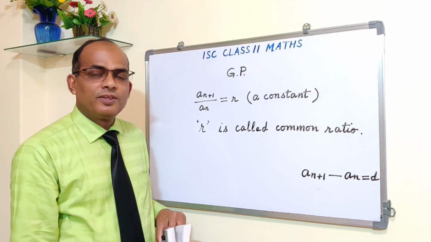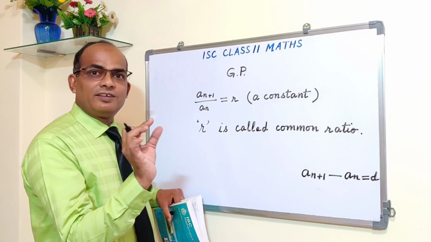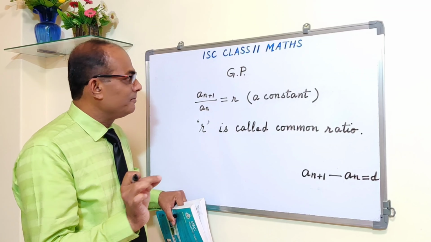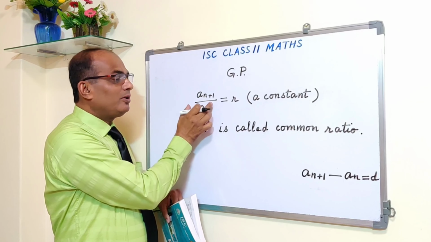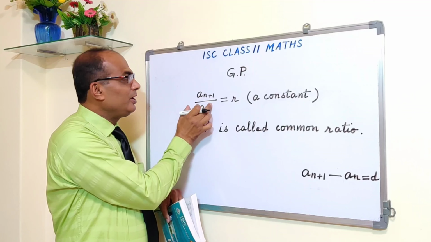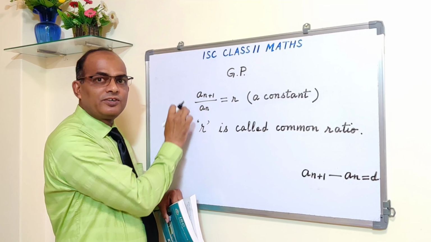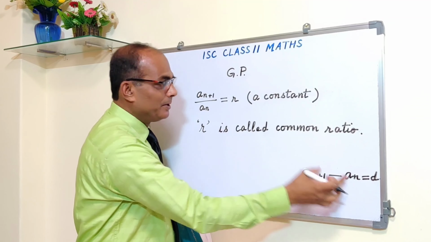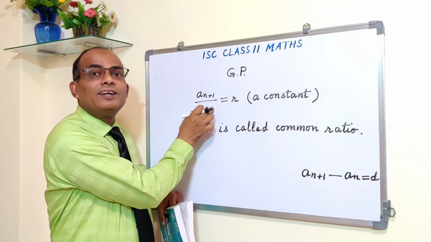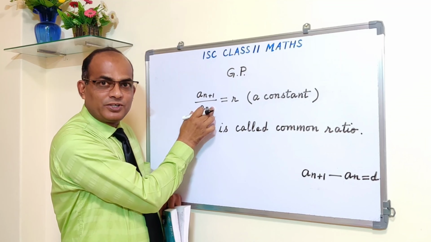Now see the small change. Here we talk about the ratio between the two consecutive terms. Difference, AP. Here ratio, then it is GP, geometric progression.